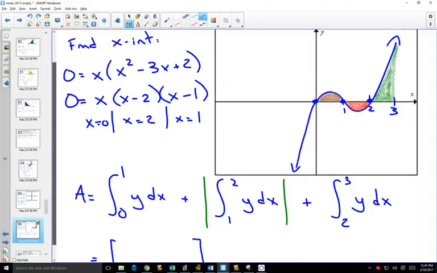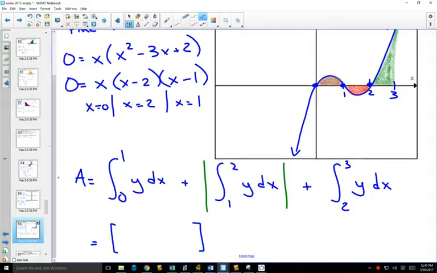When we integrate this function, we're going to get x to the 4 over 4 minus x cubed plus x squared. So we have that from 0 to 1. Our absolute values are going to stay.